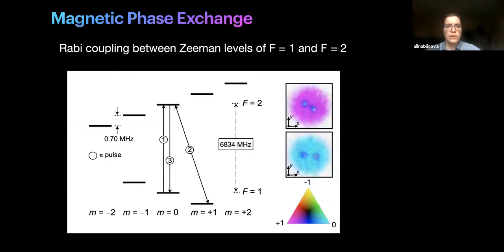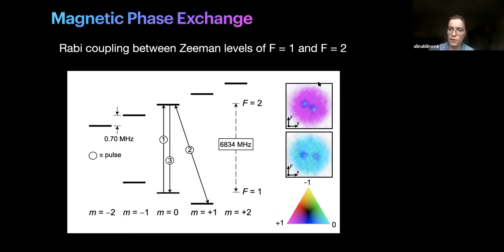So the principal part of the experiment revolves around this magnetic phase exchange. In the last part of the talk, I explained how we make these SO3 vortices in the ferromagnetic phase. And here, all we do is we take those vortices and we apply a series of microwave pulses, which Rabi couple the hyperfine F1 and F2 levels.